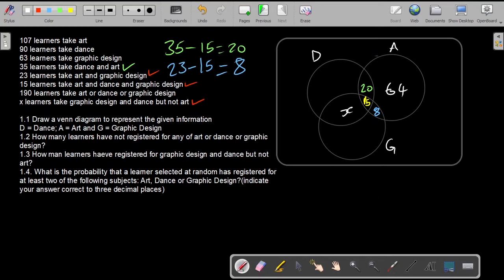Right? So we've now completed the A circle, but if you look at the others, there's a missing value there, and an X that we have to find. So how can we actually fill in our Venn diagram? If you look here, we're told that 63 learners take graphic design, which means the sum of everything in the G circle has to add up to 63. And once again, you just have to subtract everything else from the total.